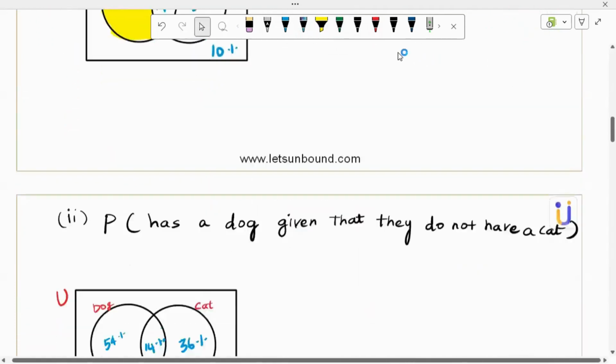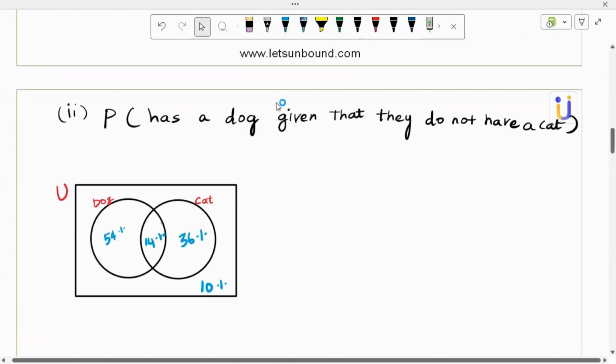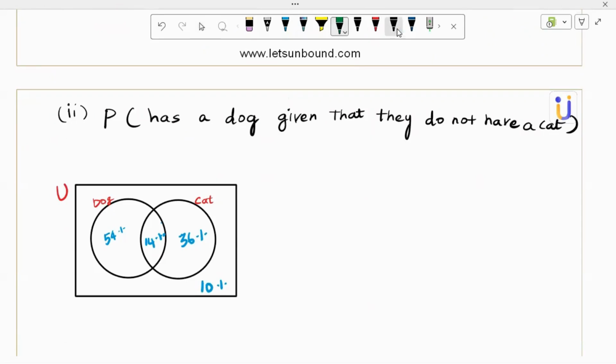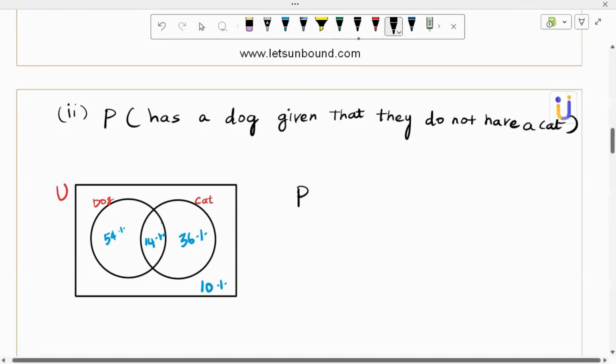Next, what is the probability that a randomly chosen student has a dog given that they do not have a cat? This is a conditional probability. I'm going to randomly pick a student, and he should have a dog; that is the probability I'm looking for.